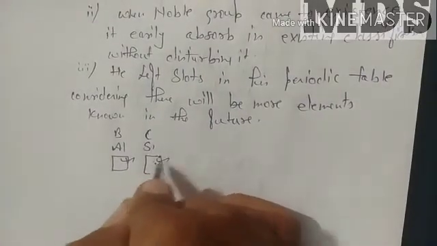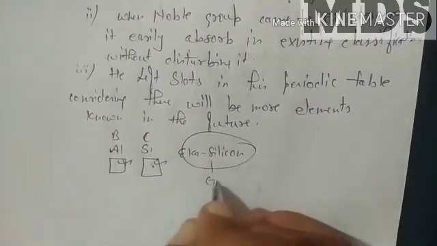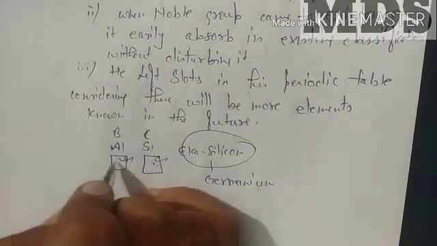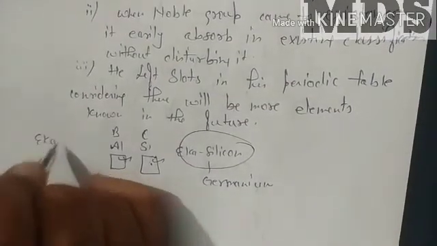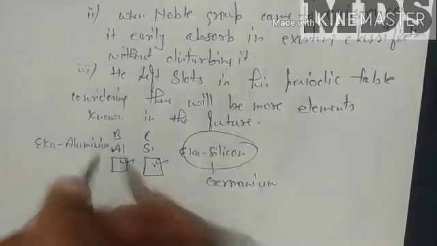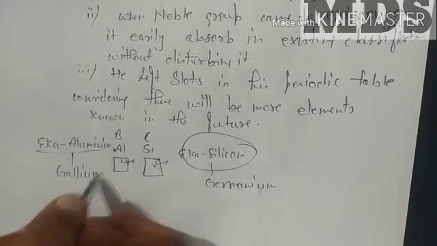At that time these elements were not known, so he left these slots empty, and he named them. This element is named Eka silicon, and you know that this element was found to be germanium. Further, the other element he named Eka aluminium, and later it was found to be true for gallium.